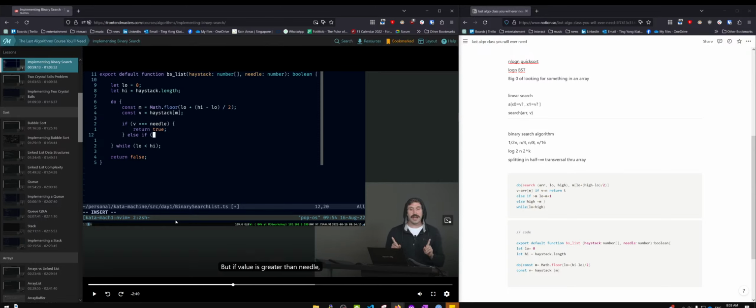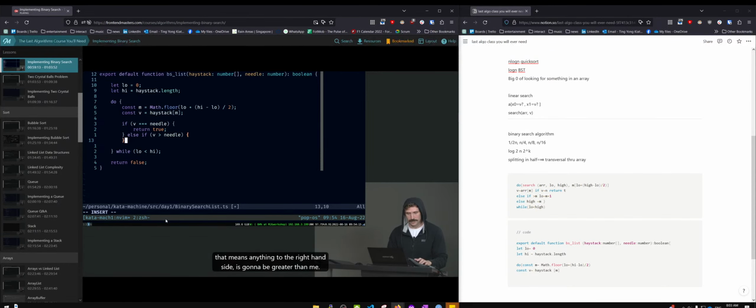But if value is greater than needle, that means anything to the right-hand side is going to be greater than.